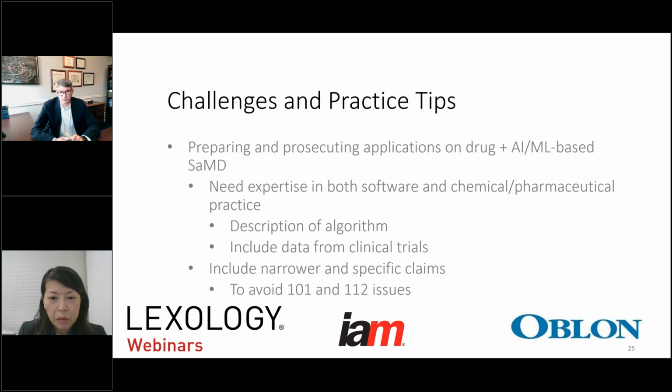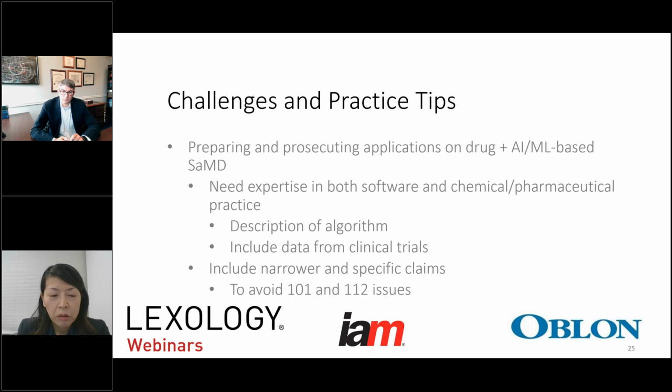Me as a chemical, more pharma person, I could think about whether you want to have data looking at the clinical trials. You don't necessarily need the raw data, but you don't want to summarize too much because you're losing some information from the clinical trials. Sometimes the data can help you with how to recite the claims.